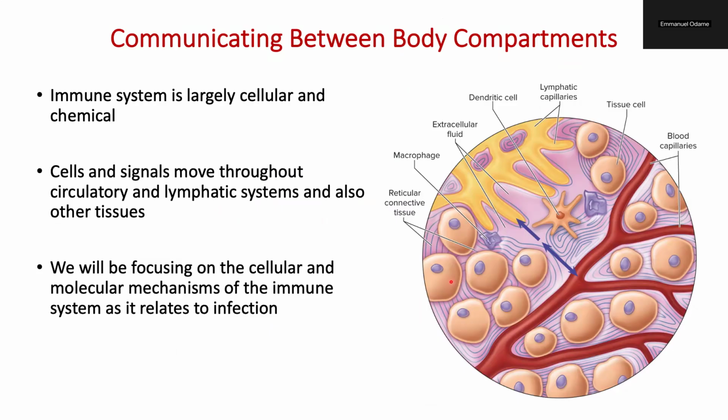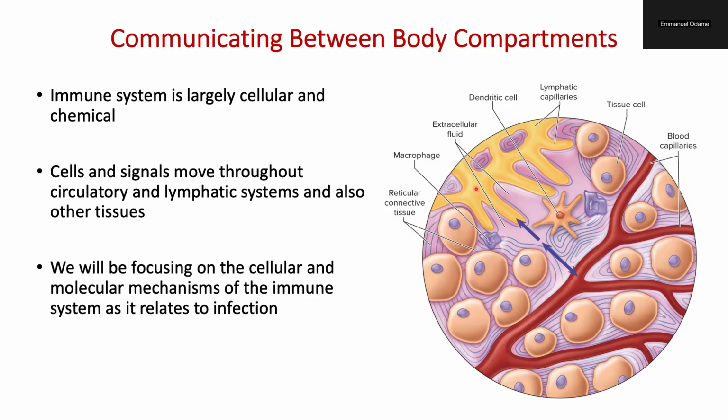As you can see here, the circulatory system is present, and it is communicating with the tissues and cells outside of the vessels. For example, you can clearly see there's a macrophage present here, and then we have the extracellular fluid. So you can clearly see there's communication between the immune system and the lymphatic system.